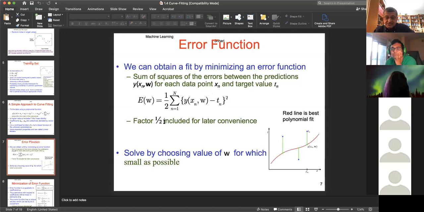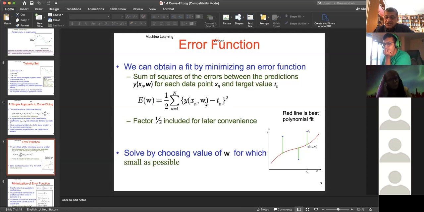What is this later convenience? We're going to try and minimize this quantity. So that is where maxima and minima come into play. Even for this polynomial curve fit, calculus has to come into play, because we're asking what value of W is going to make this as small as possible. To find that value of W, we take the derivative of this quantity with respect to W. Remember, we have this equation with a square, and we take a derivative with respect to W. Well, how do you take a derivative with respect to a vector?